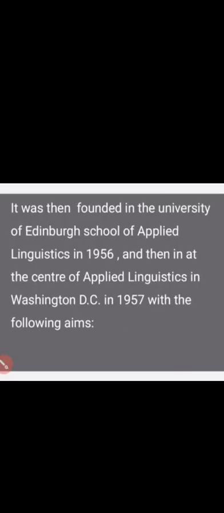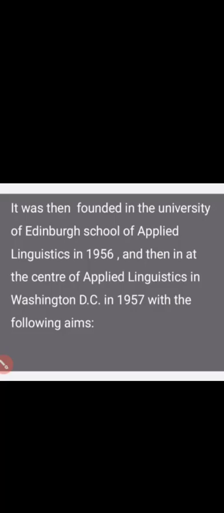It was then founded in the University of Edinburgh School of Applied Linguistics in 1956, and then at the Center of Applied Linguistics in Washington, D.C. in 1957 with the following aims.